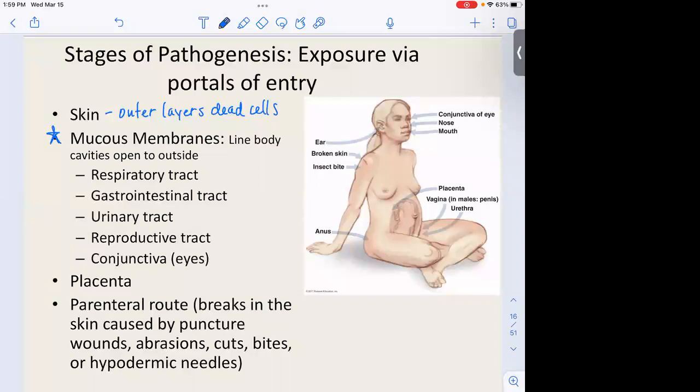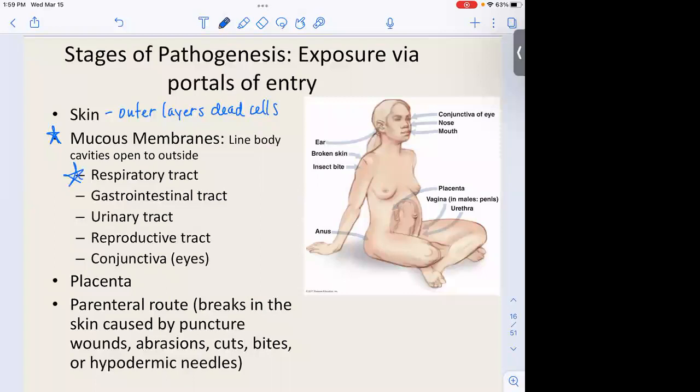What do you think is the most common portal of entry, our most common mucous membrane? Respiratory, exactly. Our stomach acid helps out a lot to get rid of anything that we would swallow, but the respiratory tract, right, that's the most common one. Our defenses are just a little bit weaker there, I guess you could say. We do have lots of defenses, and we'll talk more about those later.